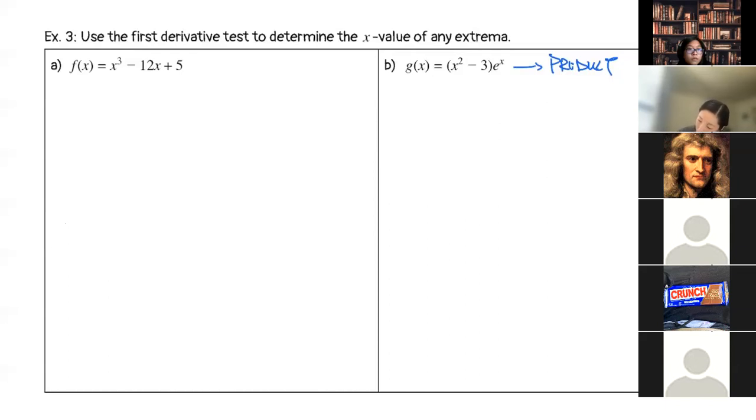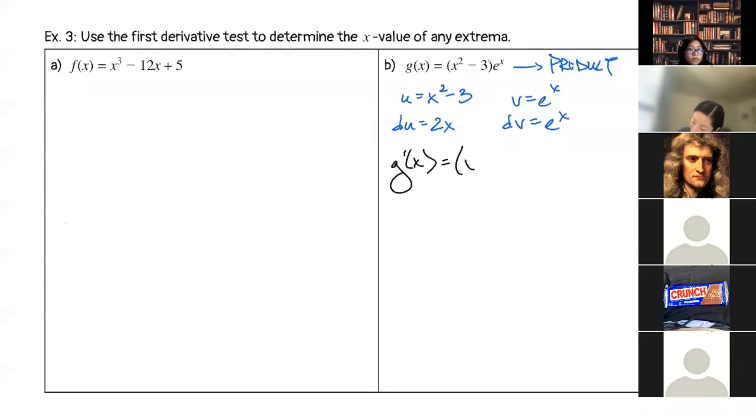And so if we set up our product rule, we have u equals x squared minus 3, du equals 2x, v equals e to the x, and dv also equals e to the x. All right. Now, when we plug those all into our product rule, we get u times dv plus v times du.